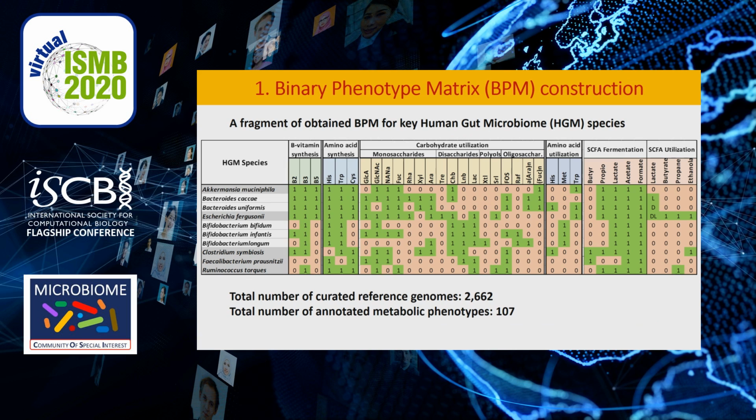Here is a fragment of the obtained BPM for key human gut microbiome species, showing the variability of phenotypes for biosynthesis of vitamins, amino acids, utilization of sugars, short-chain fatty acid fermentation, and others across these key players of the microbiota.